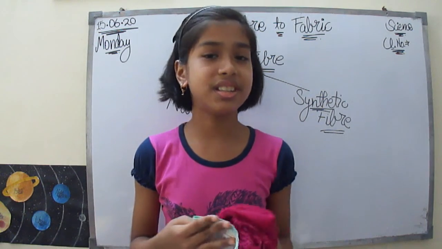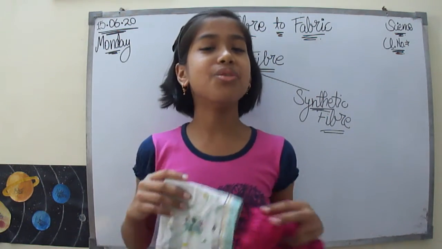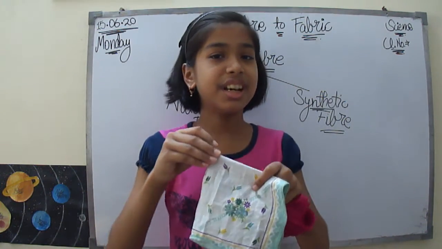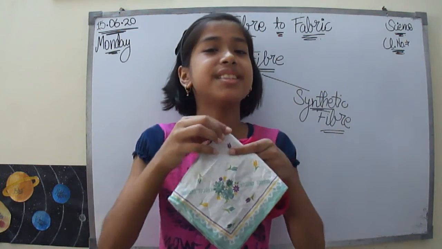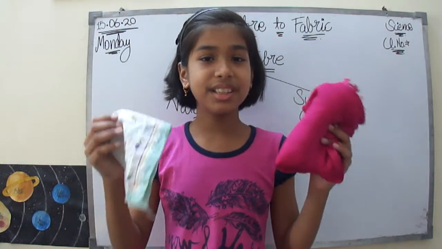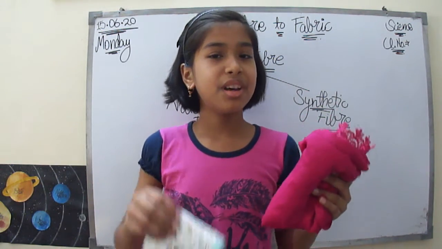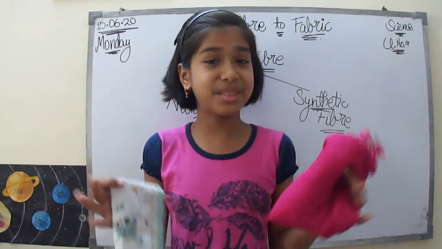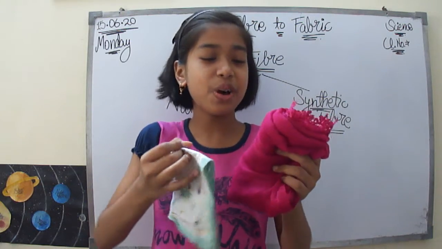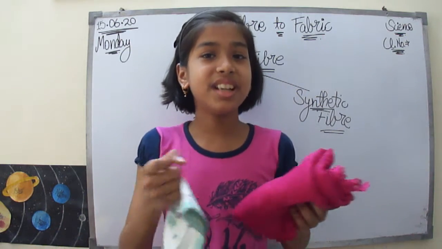Now you will say it is a little hard to guess that. So what you can do next is burn a little of the fabric at the sides, at the corners. If you burn these two, the one made up of synthetic fiber will have a unique smell, a little bad, because it will smell like a chemical.